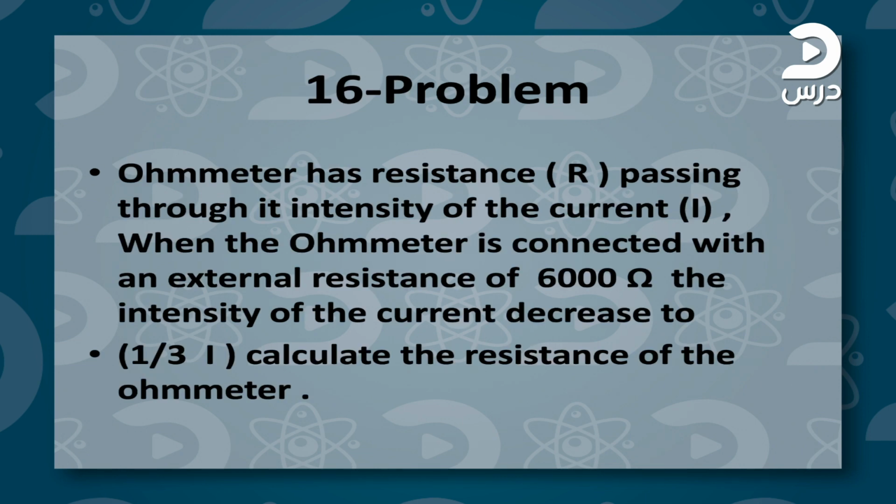Problem number 16. An ohmmeter has resistance R, this is the RG, passing through it a current of intensity I. Then the ohmmeter is connected to an external resistance, this is the RX, which is 6000 ohm, and the intensity of current decreases to one third of I. Calculate the resistance of the ohmmeter.